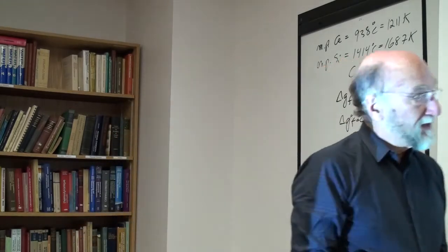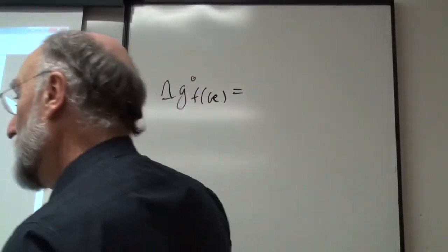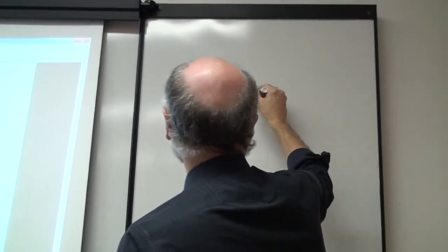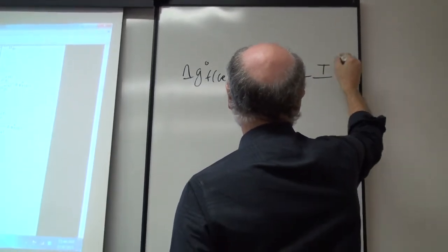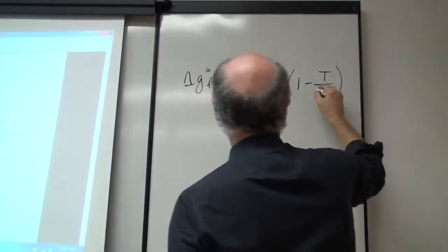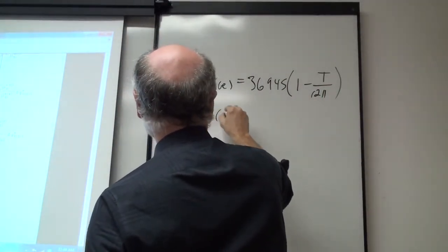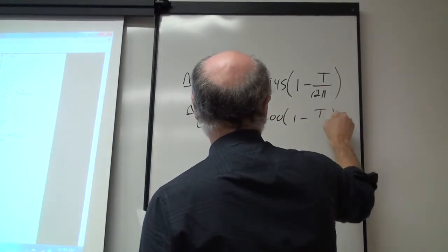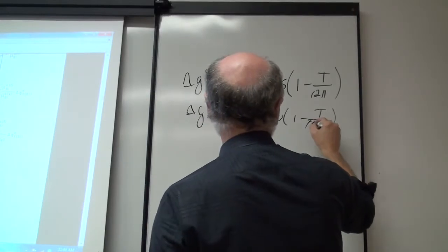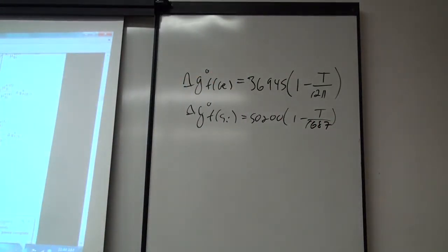I might as well write that over here. So the Gibbs energy of fusion of germanium is simply 36,945 times 1 minus T over 1211, and the Gibbs energy of fusion of silicon is 50,200 times 1 minus T over 1687. Okay, so that gives me my Gibbs energy of fusion.